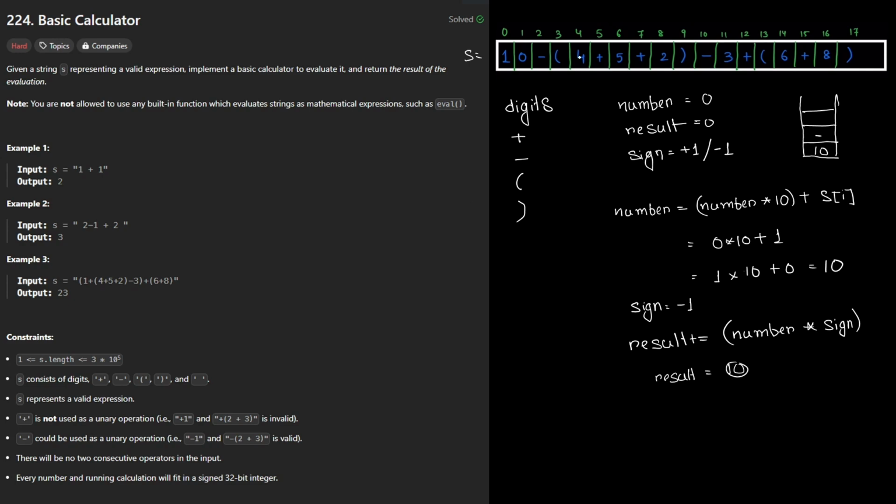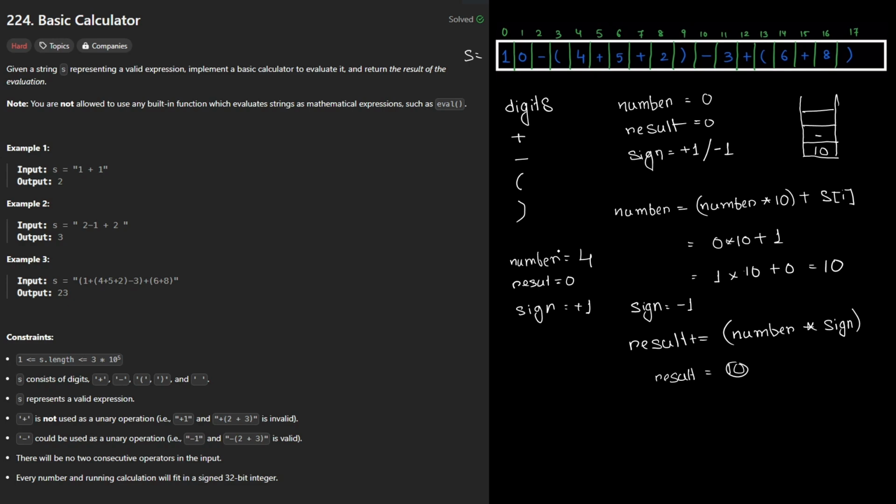So now we are getting 4. Once we are getting 4, number is going to be 4. As of now result is 0 and sign is +1. Then we're getting a positive sign.